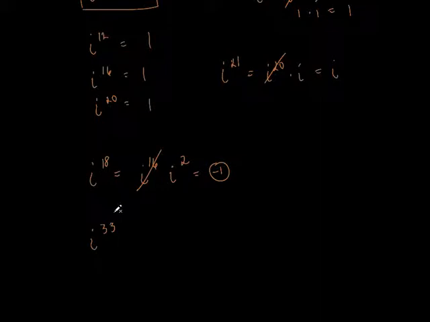Anytime one of your exponents to the I is divisible by 4, your answer is 1. I just picked one that's not. So we could write it like this. I to the 32nd times I to the 1st. I to the 32nd is a 1, times I is I. So I to the 33rd is equal to I. Yeah?